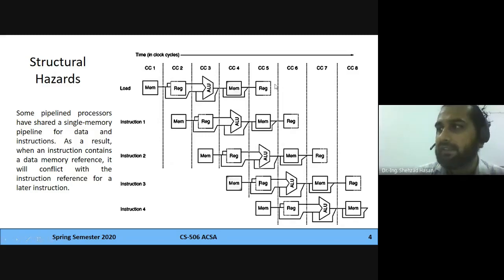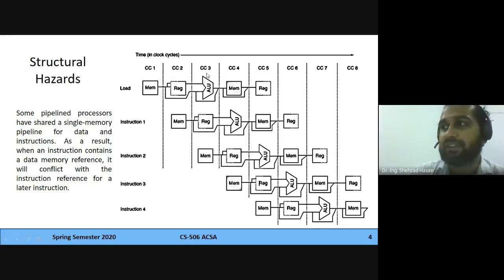So in the second cycle, the first instruction is going to use the register file, and the next instruction, next to the load instruction, is going to use the memory for its fetching, right? So the next instruction is going to be fetched in the second cycle, and the first instruction is going to go to the decode stage where it's going to read the registers. So no problem over here as well, because there are two different hardware modules, and both of them can move along in the same cycle.